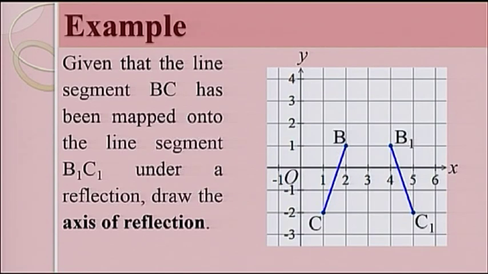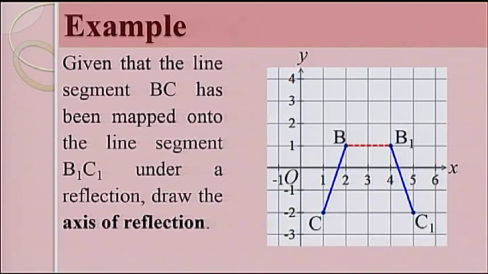Let's see another example. Right, so now you are given a line segment BC. As you can see, the line segment BC has been mapped onto the line segment B1C1 under a reflection. You are asked to draw the axis of reflection. Okay, let's try it. Now, first step, you will join B to B1. Okay, you've got a line segment.